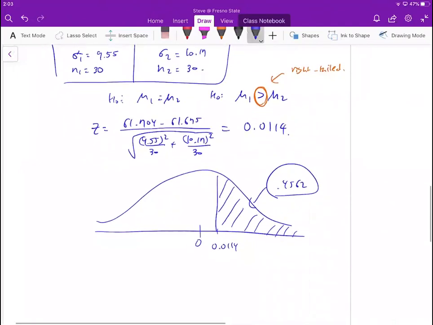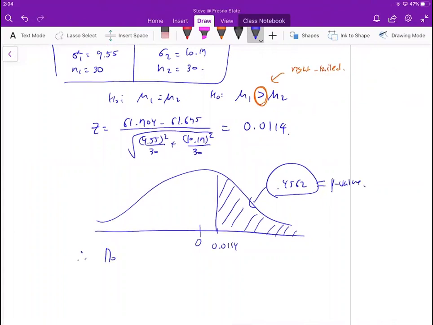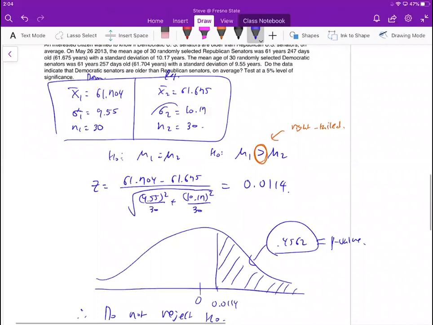So that's my approximate p-value. Therefore, I do not reject the null. Same decision as the previous one. Now, assuming that these are actually population standard deviations, I get the same conclusion, same decision as well.